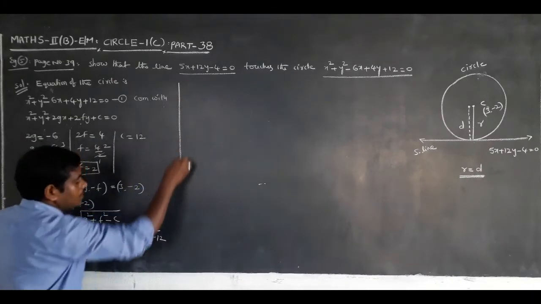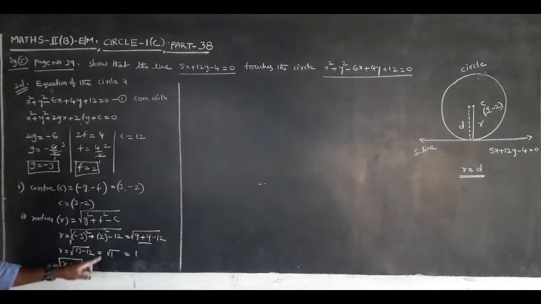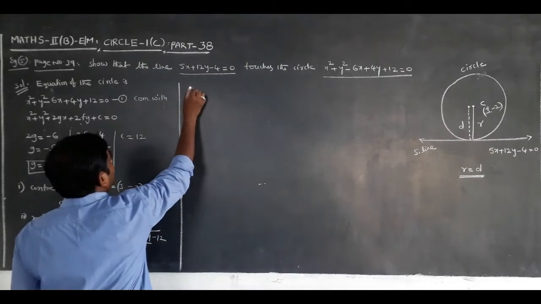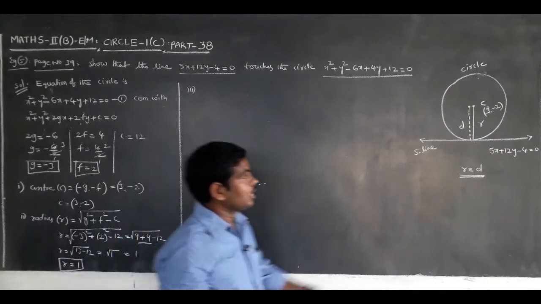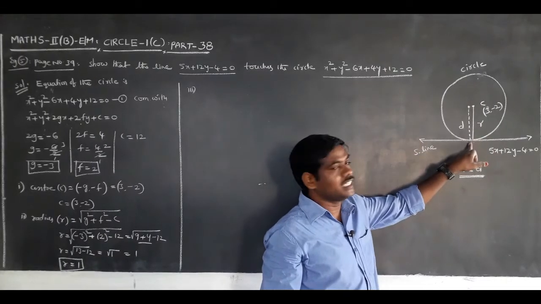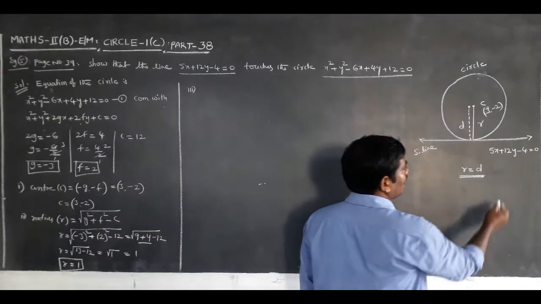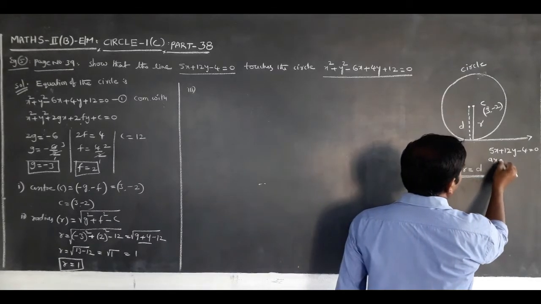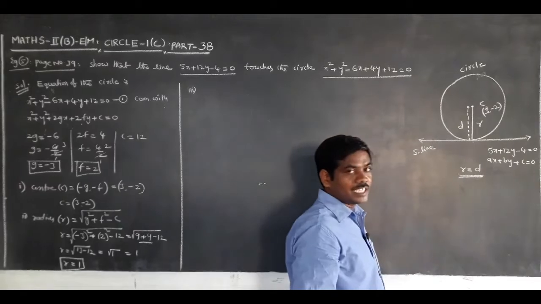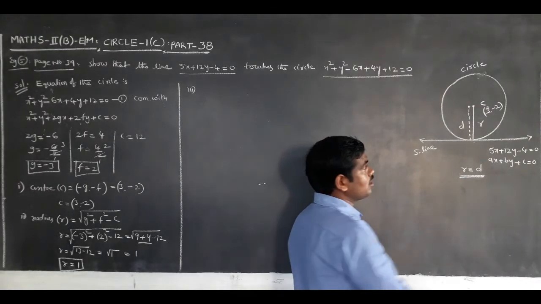Here we have already found the center and radius of the circle. Third, find the D value. D means the perpendicular distance from the center to the line. The equation of the straight line in general form is ax + by + c = 0.